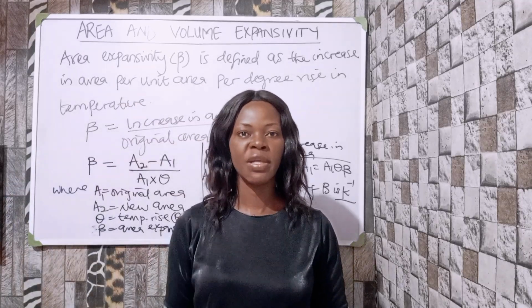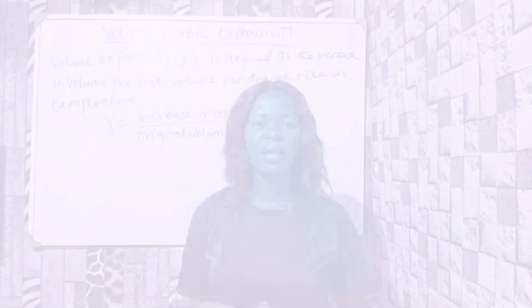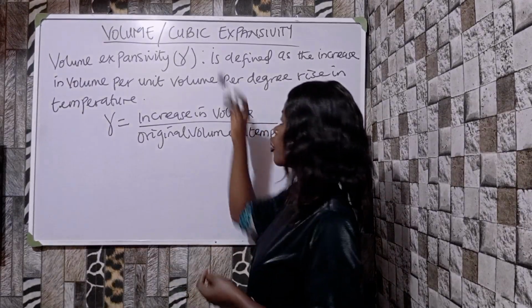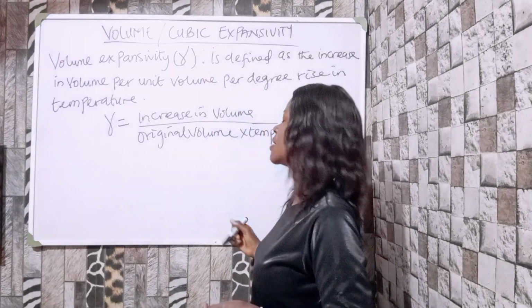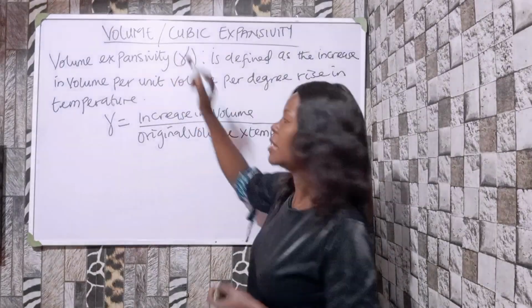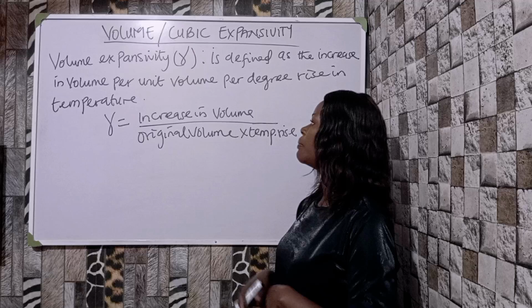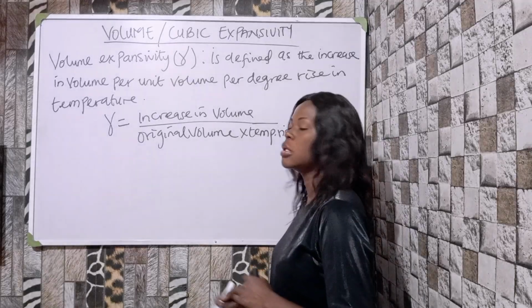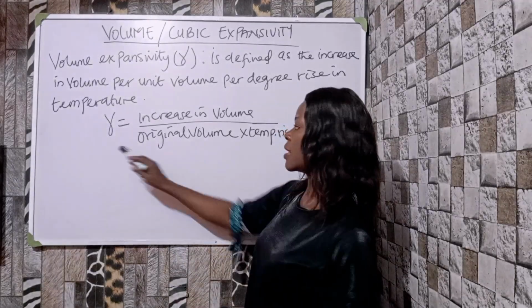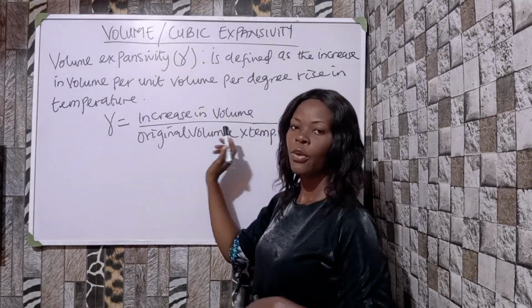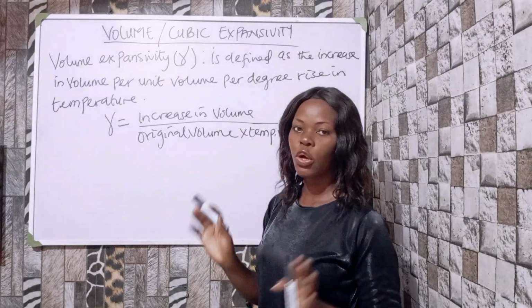So let's go to volume expansivity. Stay tuned. So let's look at volume expansivity. Volume or cubic expansivity, the symbol is gamma, is defined as the increase in volume per unit volume per degree rise in temperature. Similarly, you're just going to say gamma is equal to increase in volume divided by original volume times temperature rise.